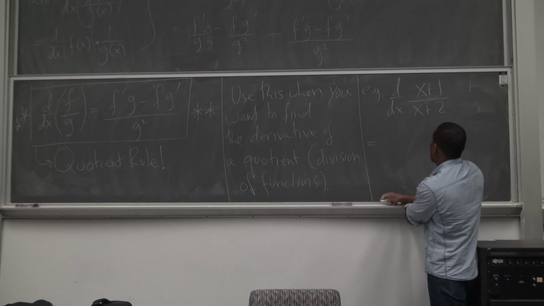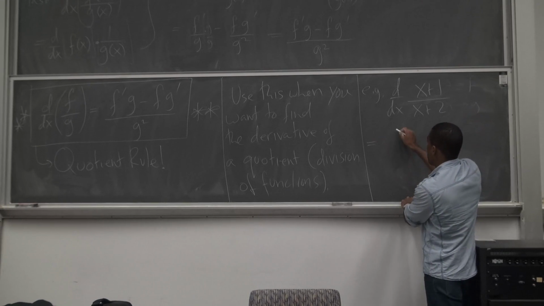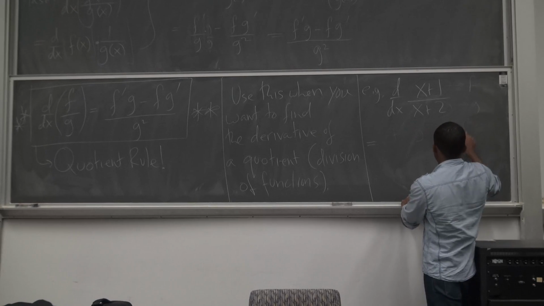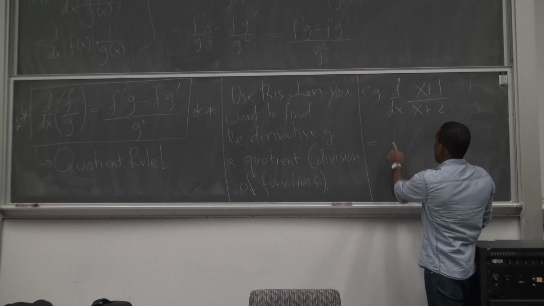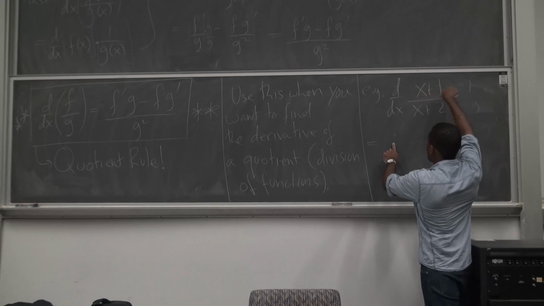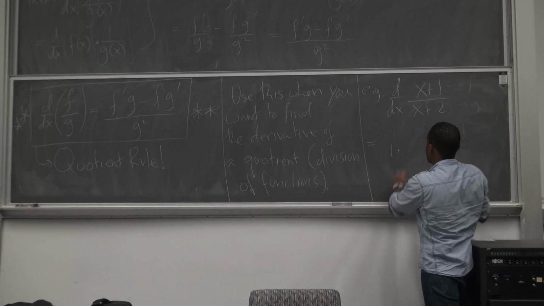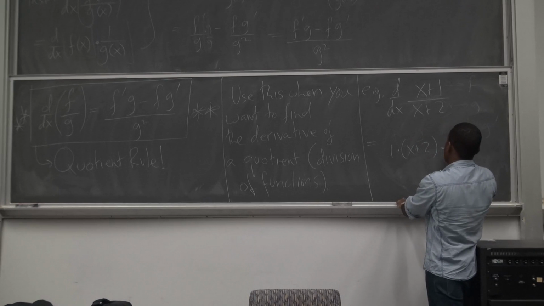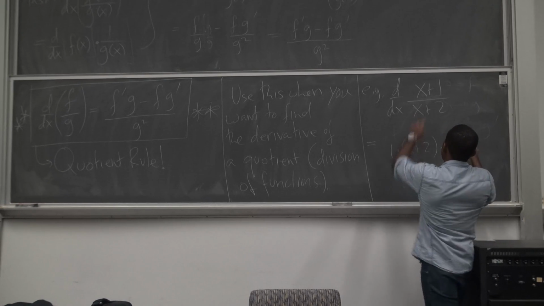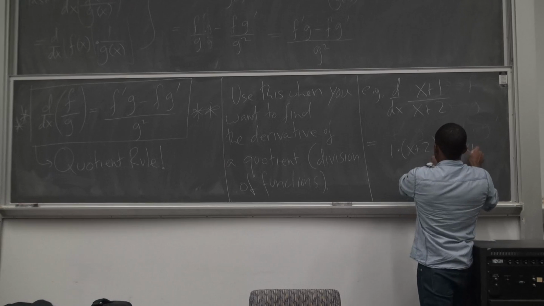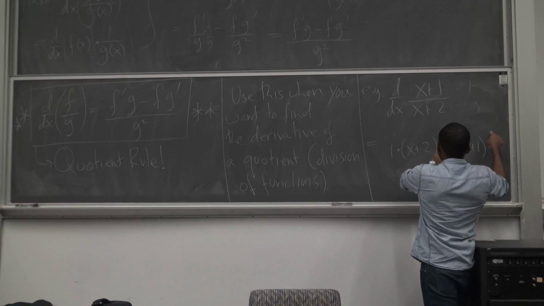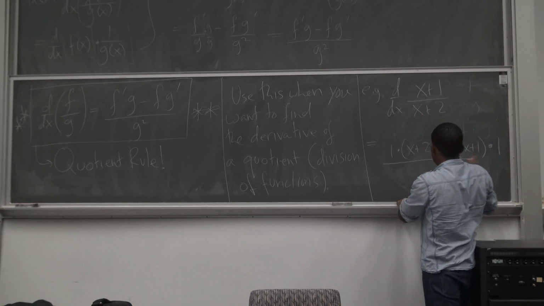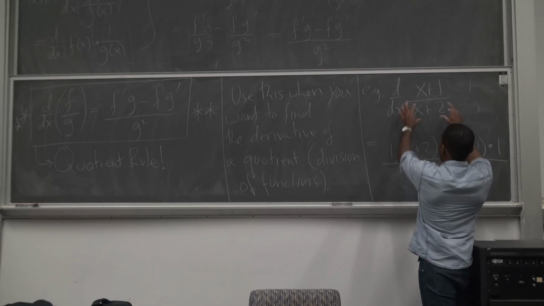So now I know I'm going to do f prime times g minus f times g prime. Now f prime, derive this, is 1 times the g, which is x plus 2, minus f, which is the x plus 1, in parentheses, times the g prime, derive the bottom, just 1, divided by x plus 2 squared, the bottom squared.